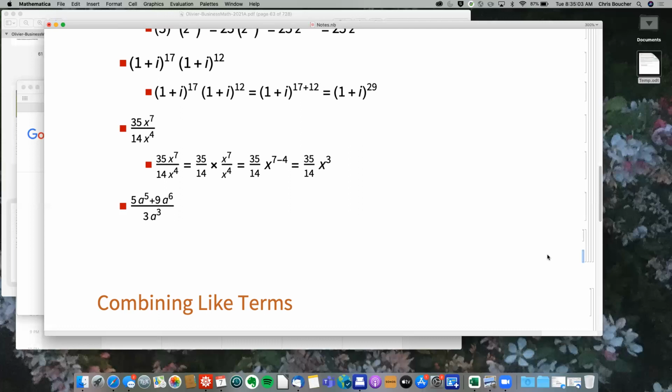So I could split them up and write it like this: 5a to the 5th over 3a to the 3rd plus 9a to the 6th over 3a to the 3rd. Notice that this looks kind of like this, except that the terms are more complicated than just numbers. But I have the same denominator in both, so I could always combine them and wind up right back there.